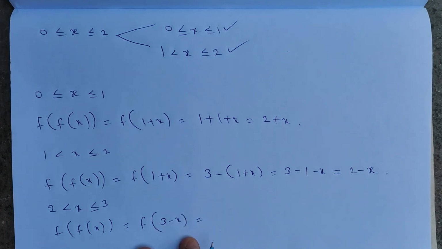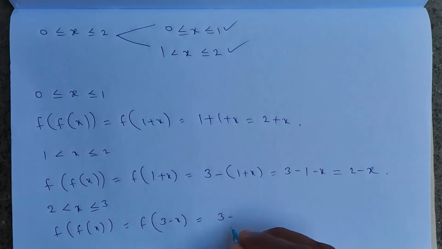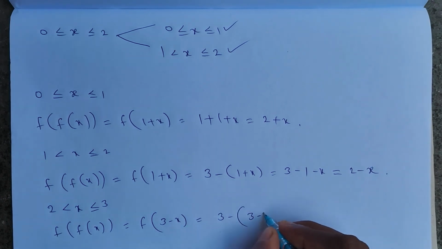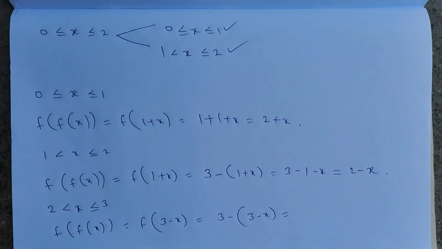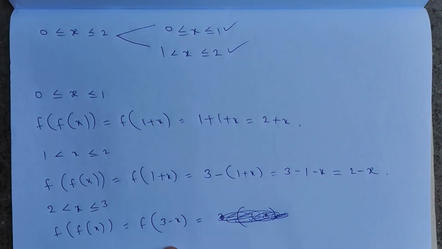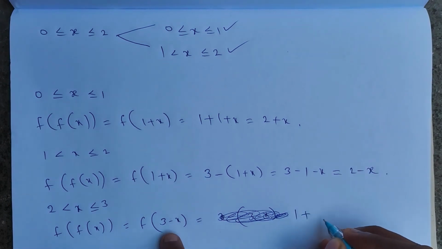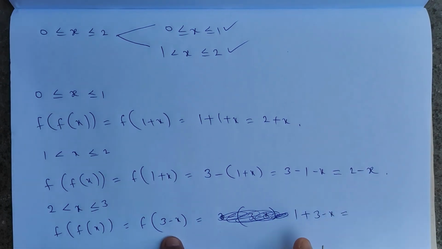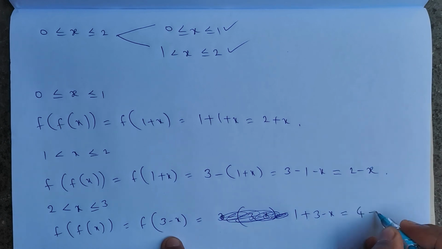Now f of 3 − x: sorry, in the 1 + x we need to substitute this 3 − x. So 1 + (3 − x). So we will get 1 + 3 = 4 − x.